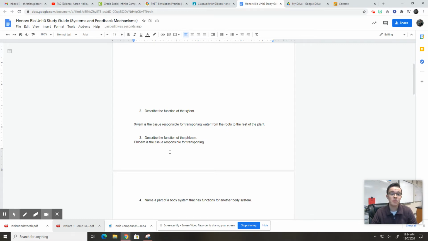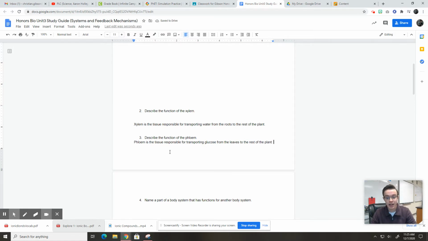Every cell in a plant, or really every cell in a multicellular organism for the most part, needs sugar. So in a plant, the leaves use photosynthesis to make glucose, to make that sugar, and then every other cell in the plant needs access to that. So the phloem is the tissue responsible for transporting glucose from the leaves to the rest of the plant.